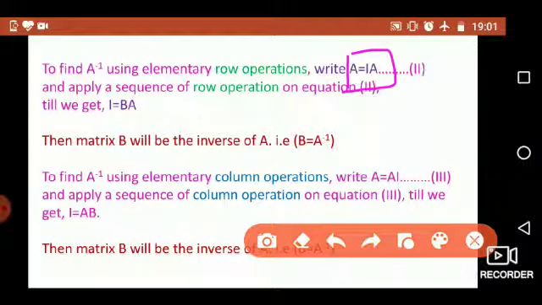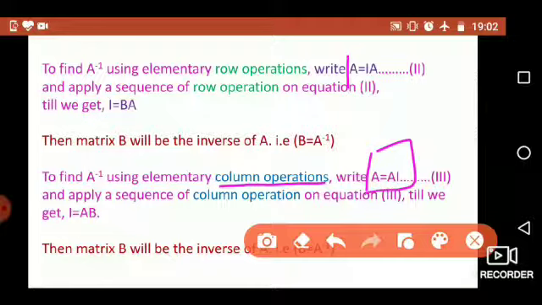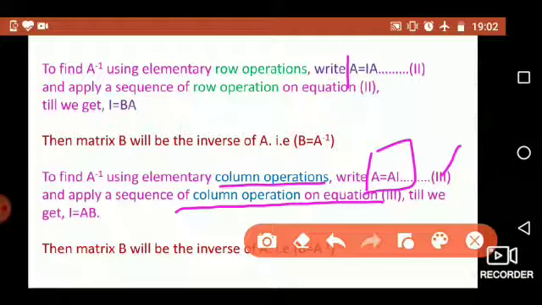Similarly, to find the inverse of matrix A using elementary column operations, we write A is equal to A into I, and we denote this as equation number 3. And then we apply the sequence of column operations on equation number 3 till we get I is equal to AB.